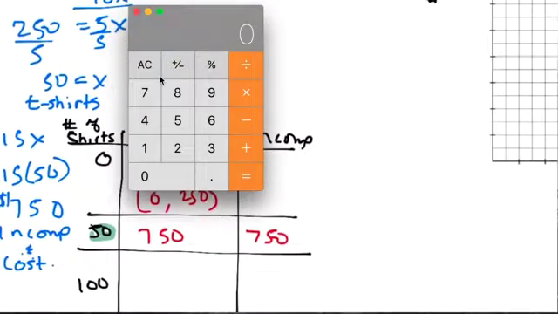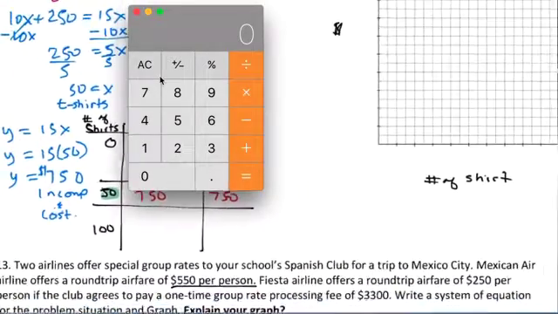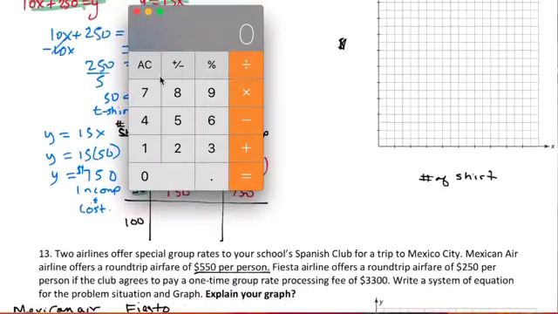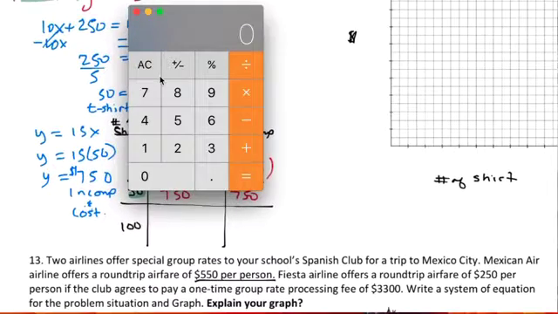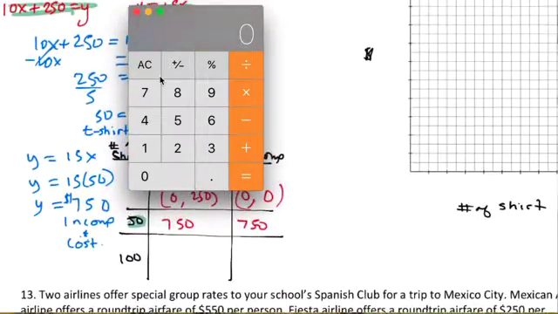Okay, income, what do you make at 0 shirts? Cost is 0, 0. And then 100. $10x plus 250, 100 would be 1,000.